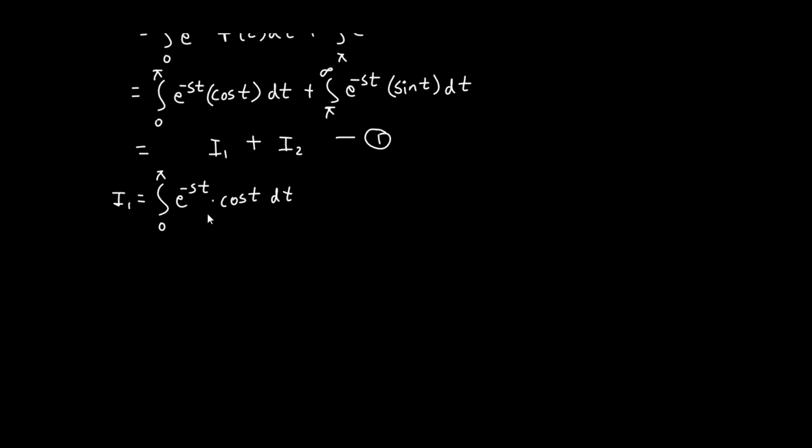If we follow the LIATE rule, u is cos t and v is e raised to minus st because exponential comes at the end.